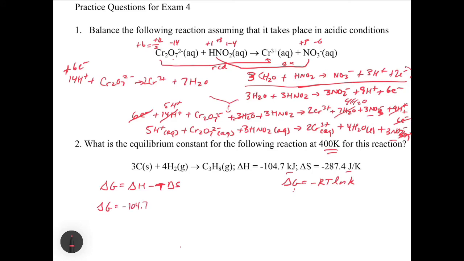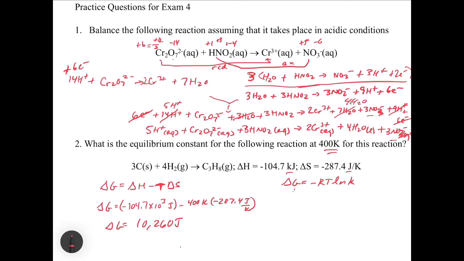So this is going to be minus 104.7 times 10 to the third joules for my delta H. And then we're going to subtract the temperature, 400 Kelvin, times delta S, which is minus 287.4 joules per Kelvin. So delta G, if you work that out, is equal to 10,260 joules, which is going to be positive.